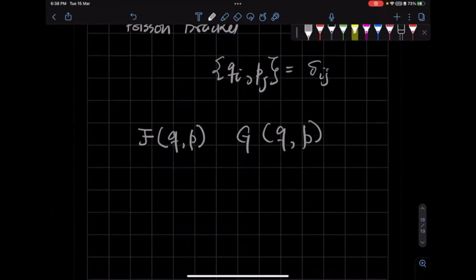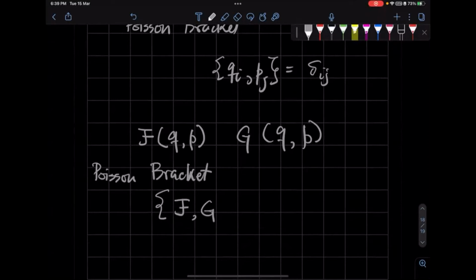Then we can define a Poisson bracket between these functions f and g, and it's defined to be the derivative with respect to qi of f first, and the derivative with respect to pi of g.